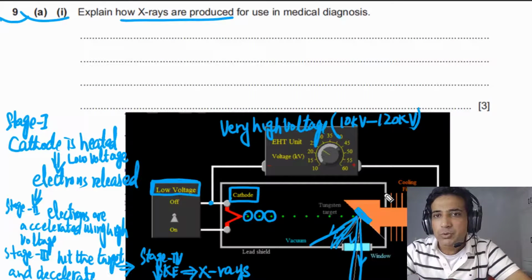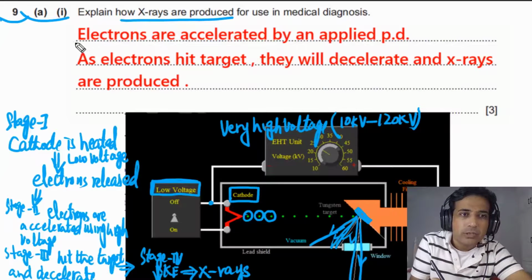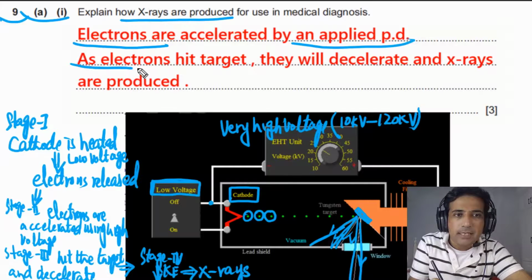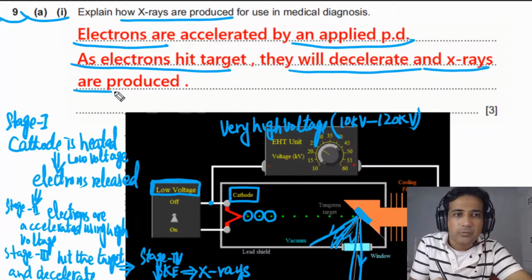Now let me show you how you can write down your answer in a proper way. If you have mentioned electrons are accelerated by an applied potential difference, you will get 1 mark. As electrons hit the target, they will decelerate. You will get another mark. X-rays are produced.